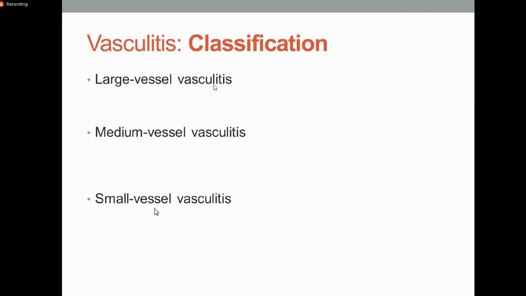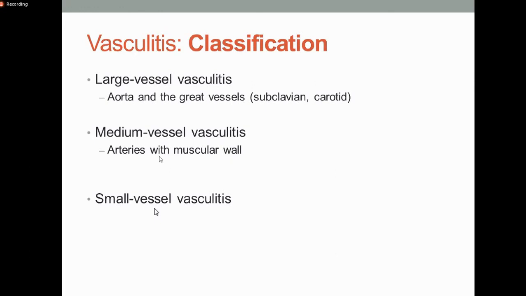First is large vessel vasculitis. This classification is based on the caliber of vessels: large, medium, or small size vessels. Large vessels, as we know, are the aorta and great vessels. Medium vessels are arteries with a muscular wall, such as the renal arteries. Small vessels included in vasculitis can be capillaries, arterioles, and venules.